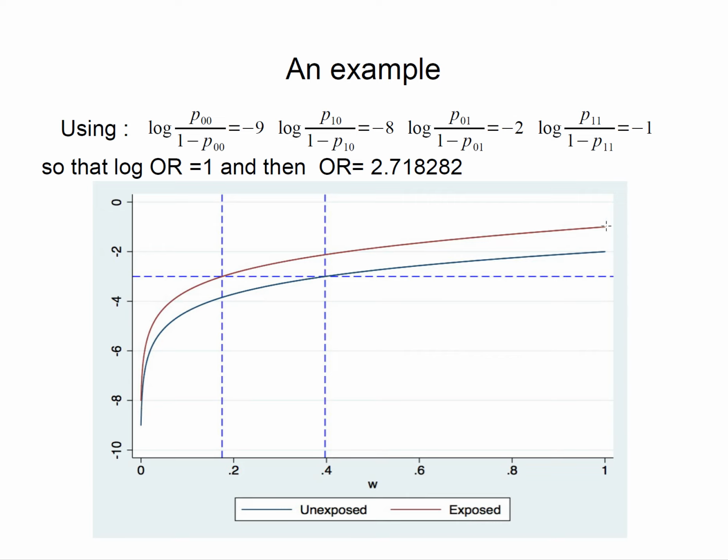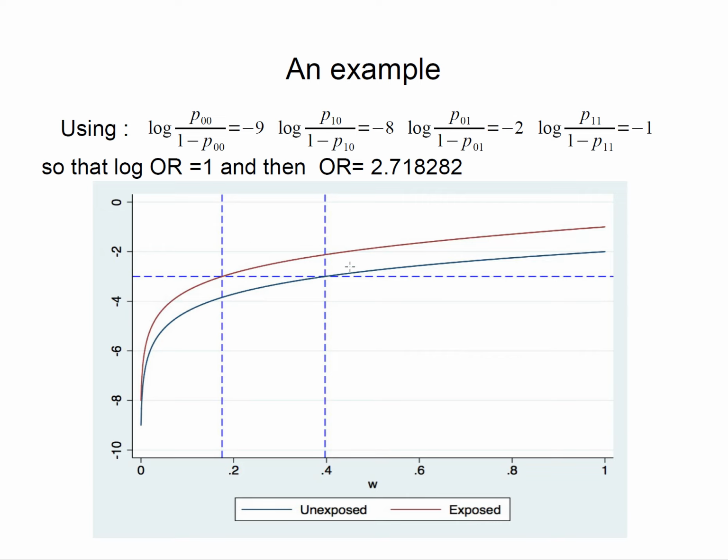So here we're taking a difference between -1 and -2, and here we're taking a difference between -8 and -9. And when you look at the red curve and the blue curve, you might be thinking, oh, well, looks like they're parallel.